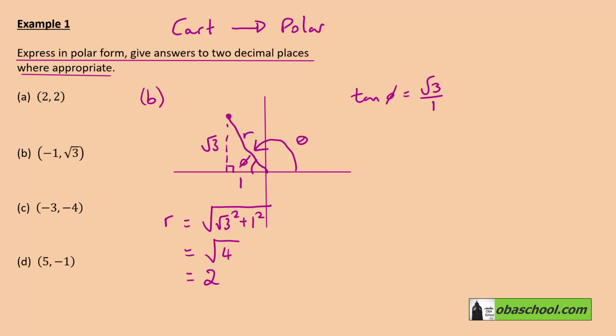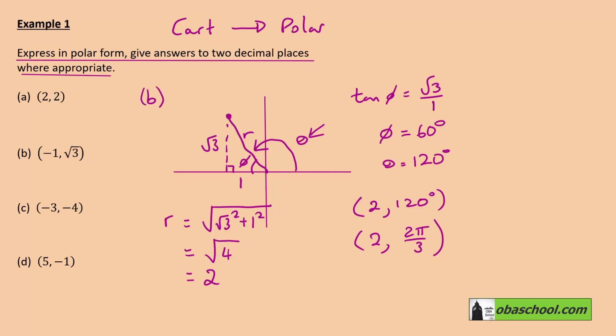You can use a calculator for that, but we should know that phi is therefore 60 degrees, and that means the angle that we want, theta, is going to be 120 degrees. So the polar coordinates for this are (2, 120 degrees), or in radians, (2, 2 pi by 3).